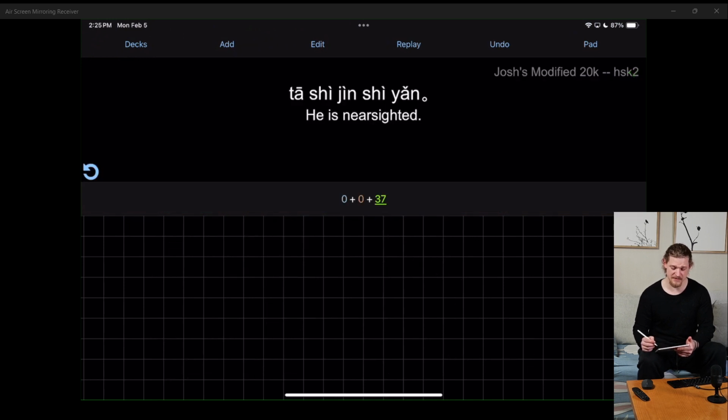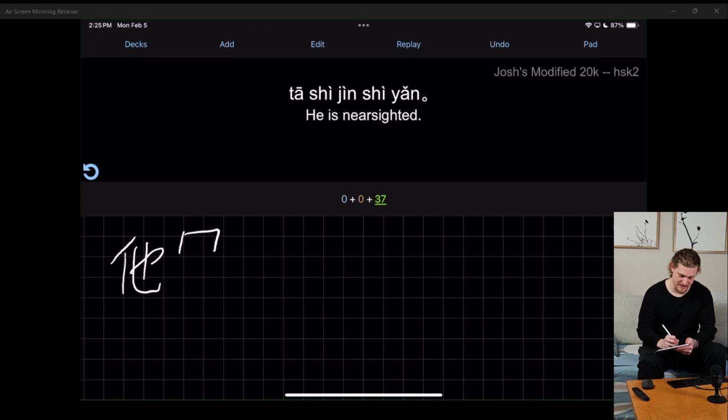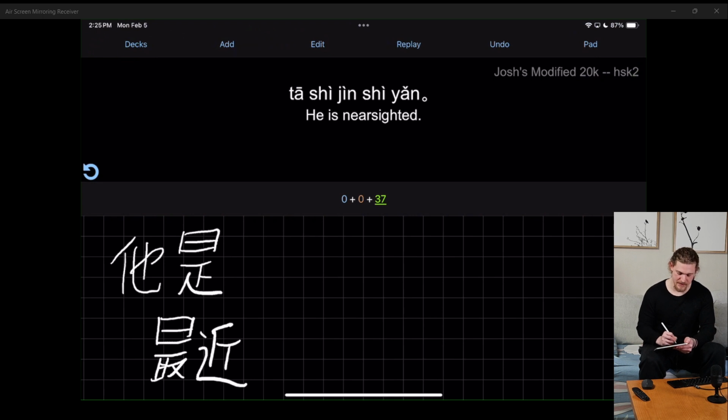他是近视眼. So this is 近视眼. This is nearsighted. And this one we're going to see the reuse of a character that we used before. Previously we had 最近, which was the nearest or closest, right?